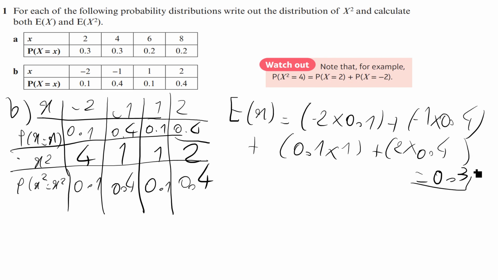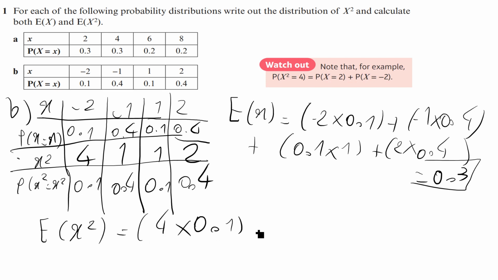This is the expected value of these values. And now finding E of x squared. And it's just exactly the same thing with different values. That's why I said this chapter is easy, because there aren't many new things to know.